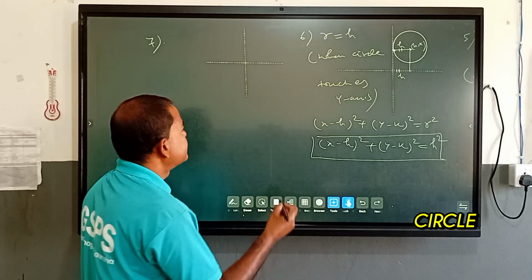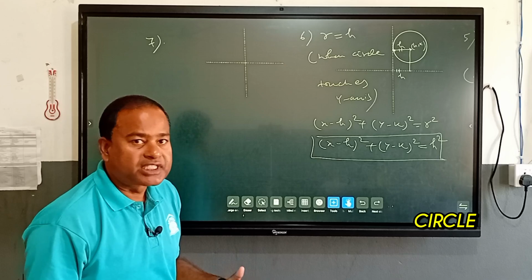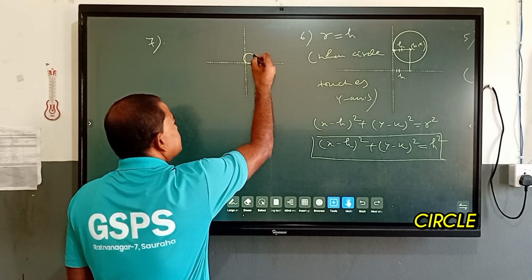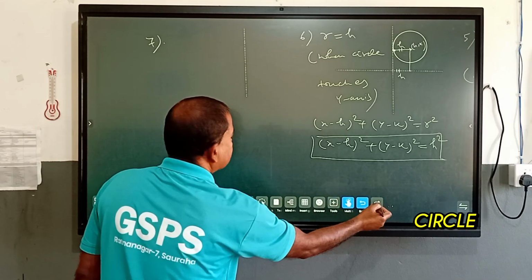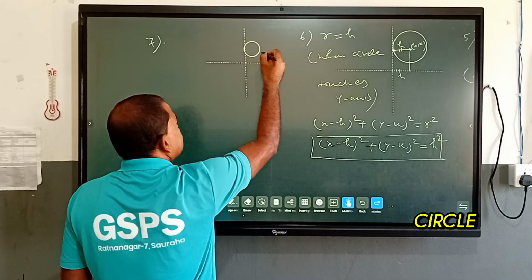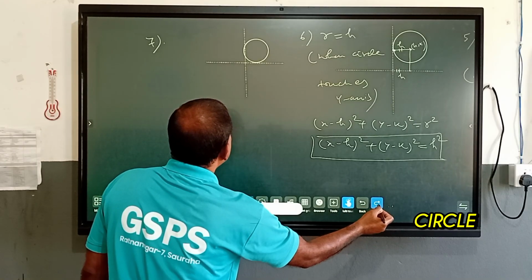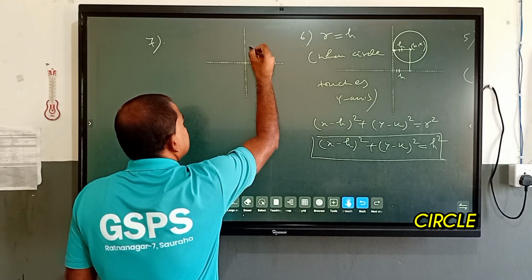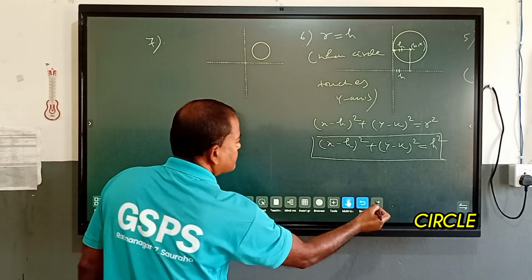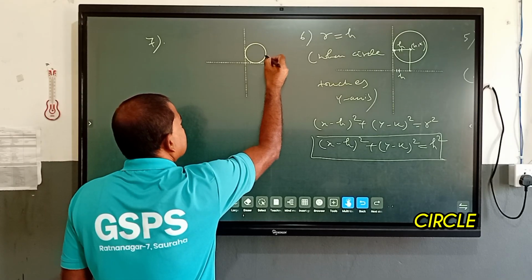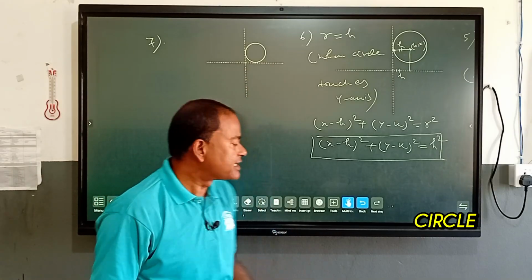Let us take the x-axis and y-axis, and let us draw a circle which touches both x and y axes.